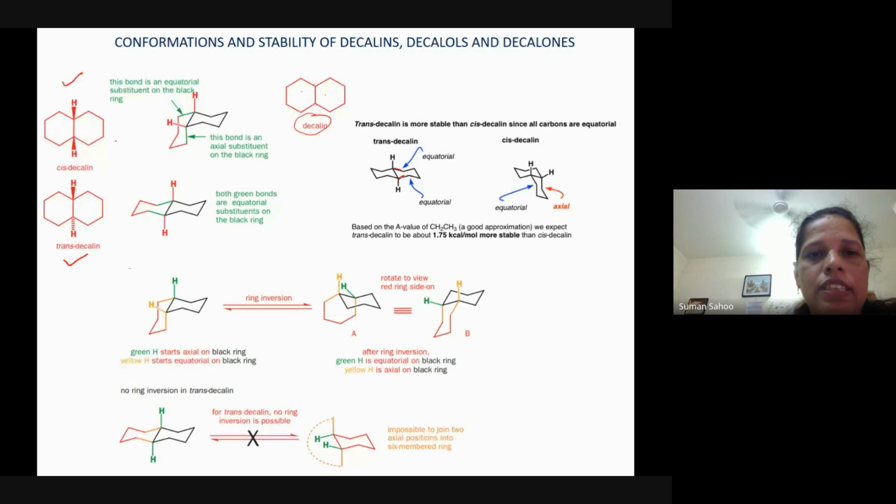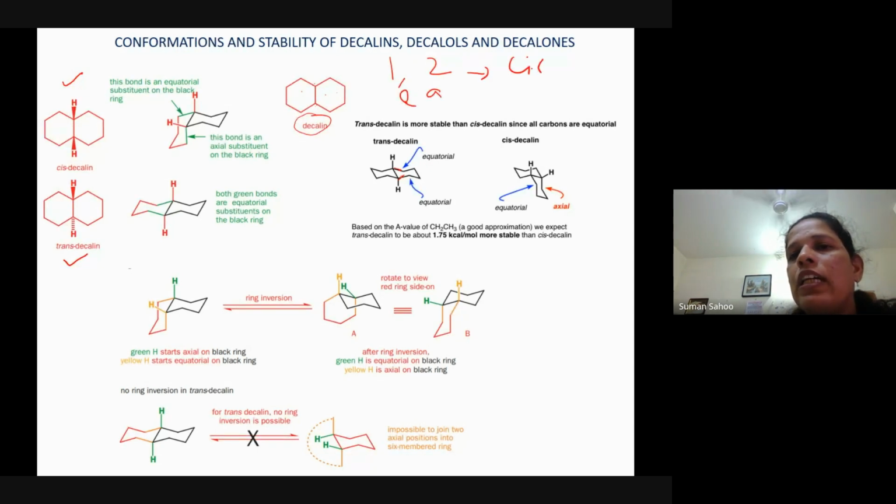In case of cis decalin, like we know that in the 1-2 position, one would be equatorial, one would be axial, then that is your cis. And in 1-2, if both are equatorial or both axial, then that would be your trans. So in cis decalin, one is an axial substituent, another is equatorial, and in trans, both are equatorial. The cis decalin can readily undergo ring inversion. Like this bond was equatorial-axial now, but after some time it would end up as an equatorial bond.